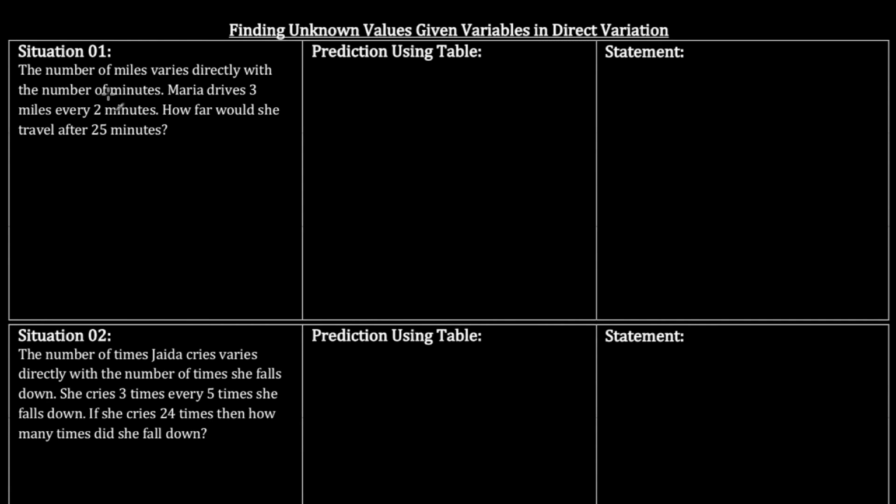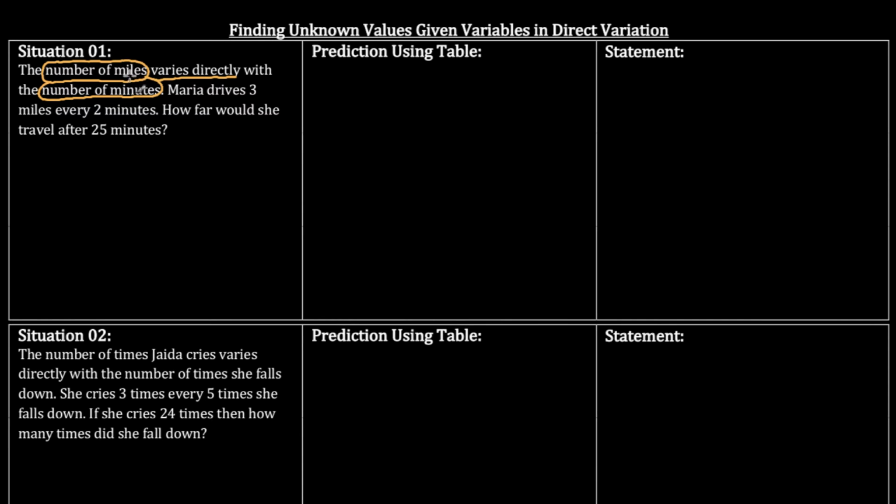So the first thing we have to do is figure out the variables. The number of miles varies directly with the number of minutes. The topic of the scenario is the number of miles you go in a set amount of minutes.